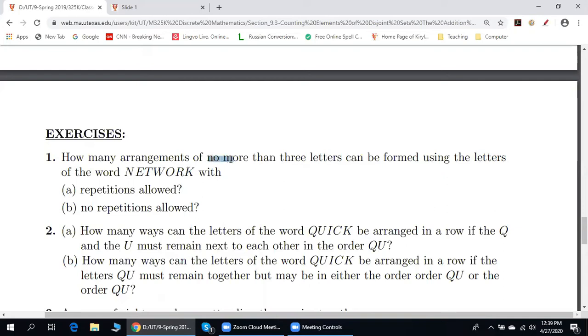It's written no more than 3 letters, not exactly 3 letters. Oh, okay. I have an idea. Yes. Anybody else? I have an idea. Yes. So first you would need to count just like N, E, T, T, T, which of those you have 7.